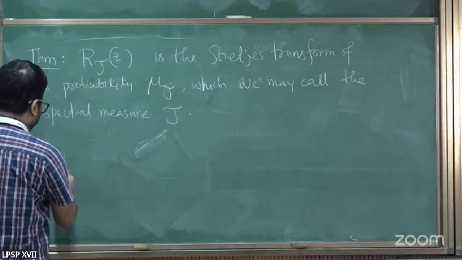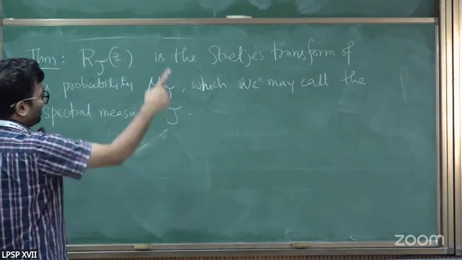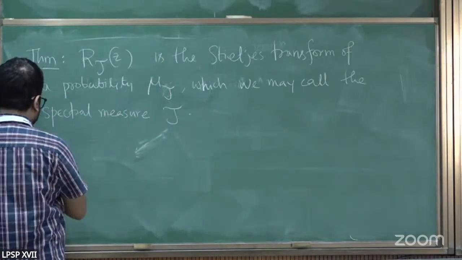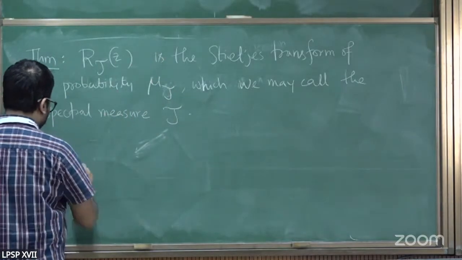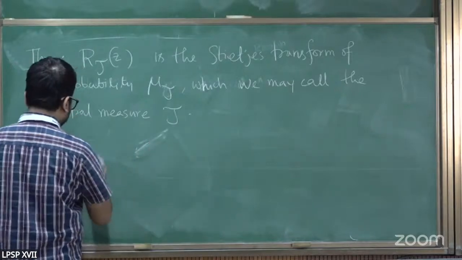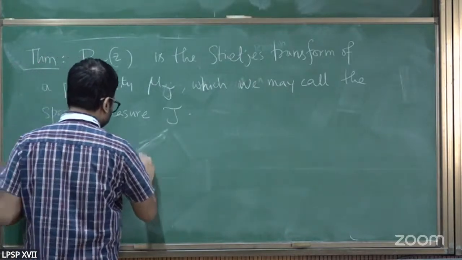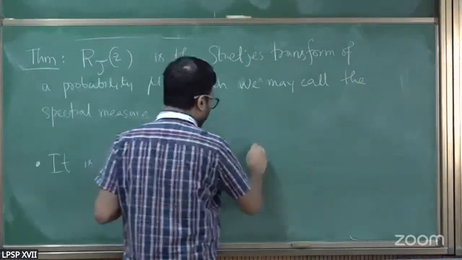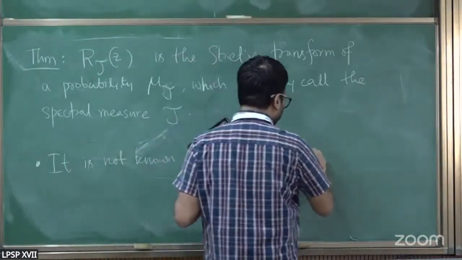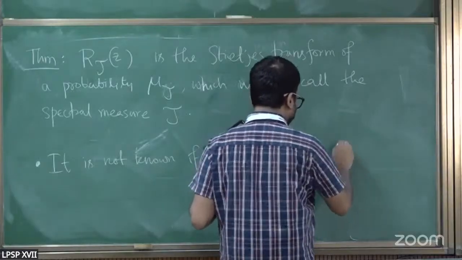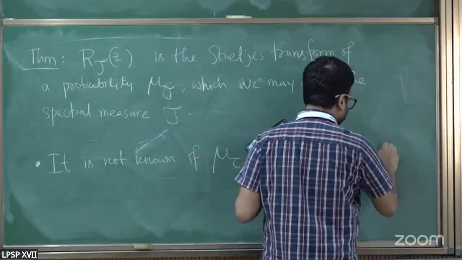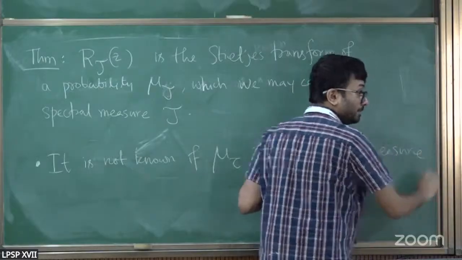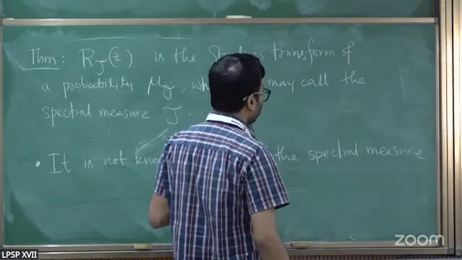If you can find some notion of eigenvalues which is connected to this, that would be a big thing. So it is not known if mu tau is the spectral measure of any notion of eigenvalues. No, we don't know that.